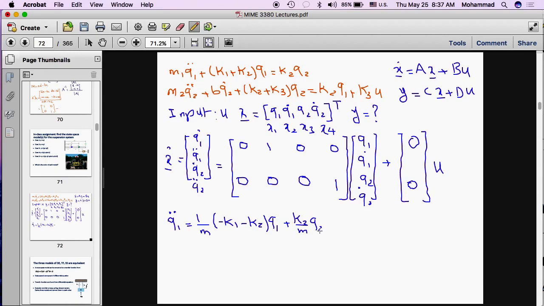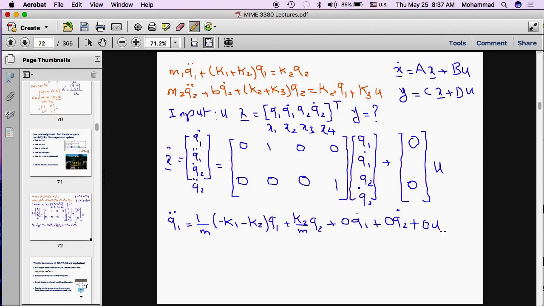Okay, do you see any q1 dot in this equation? Is there any q1 dot in the first differential equation? Okay, so can I write plus 0 times q1 dot? Is that okay, mathematically speaking? Can I write plus 0 q2 dot? Is that okay? Can I write plus 0 times u? Is that okay too?